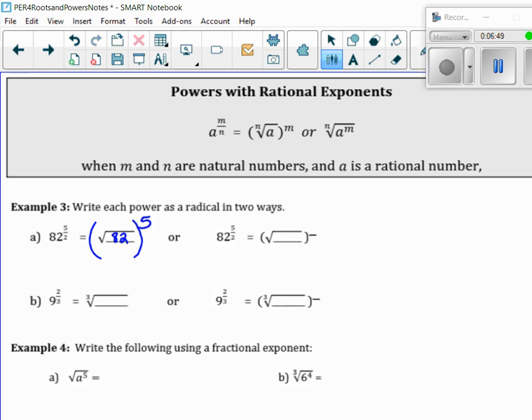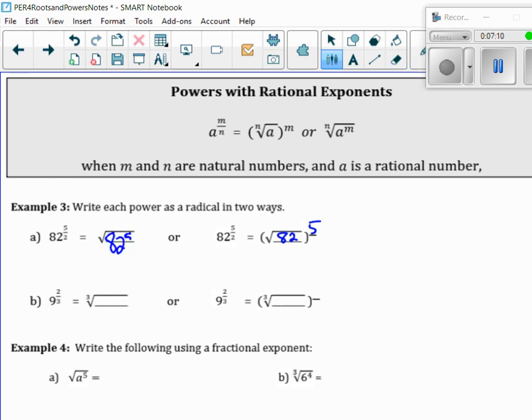Yes? Oh, they want me to do it the other way, because I can see that's what they want there. Let's try this again. That's this answer right here, 82 to the power 5 outside. They want 82 to the power 5 inside there. Oh, that's such a small number. Let's try that again.